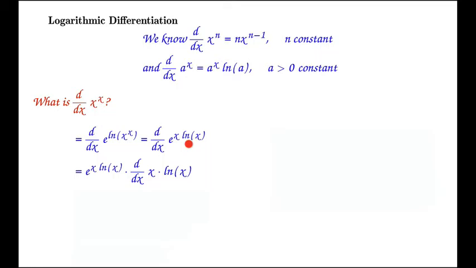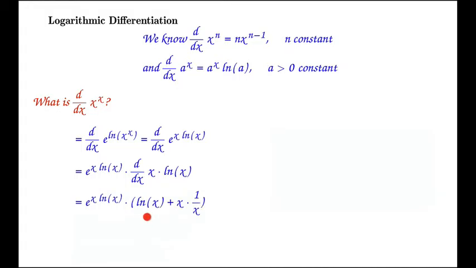So when we apply the chain rule, we have the derivative of the outer function, which in this case is e raised to the quantity of x times ln of x, times the derivative of the inner function, which is the derivative of x times ln of x, to which we apply the product rule.